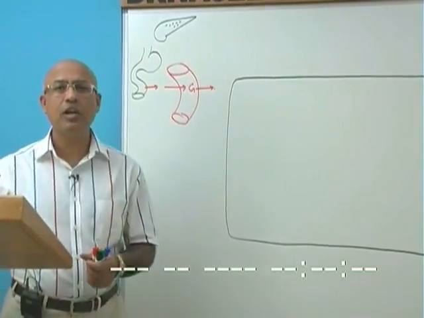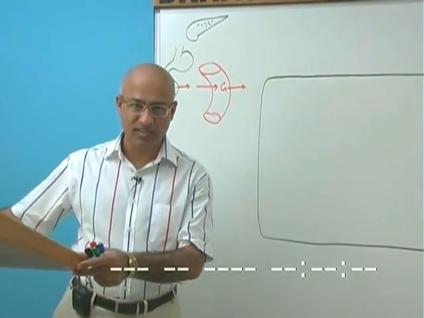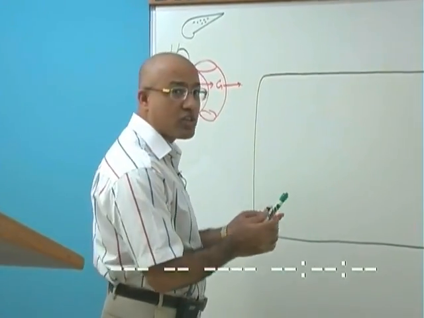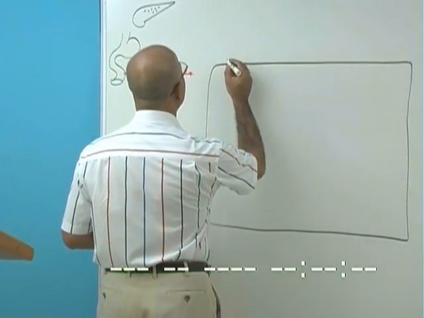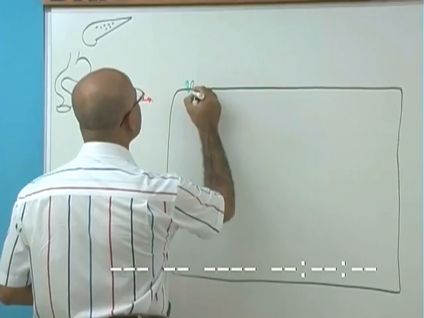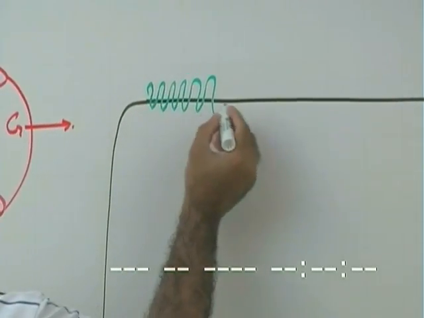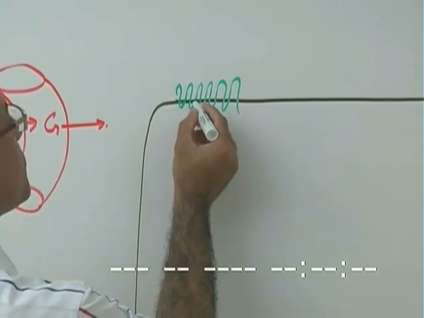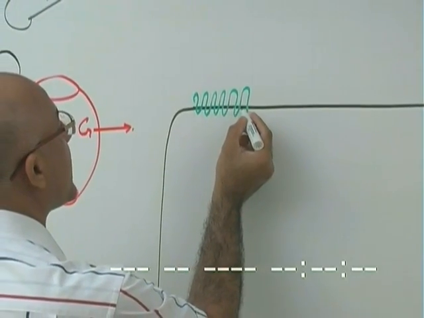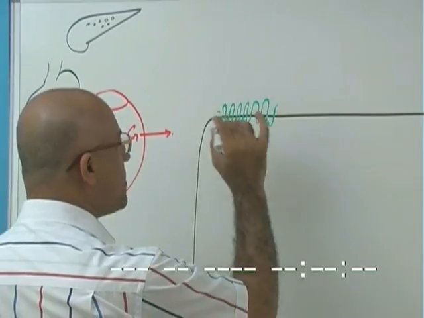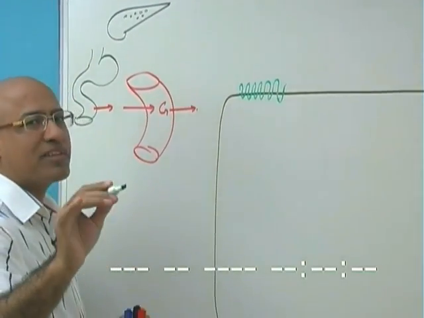There are special glucose transporter proteins. I will draw one transporter protein. It is 12 pass membrane, 1, 2, 3, 4, 5, 6, 7, 8, 9, 10, 11 and 12. But anyway, it is not important for you to remember that it is 12 pass.